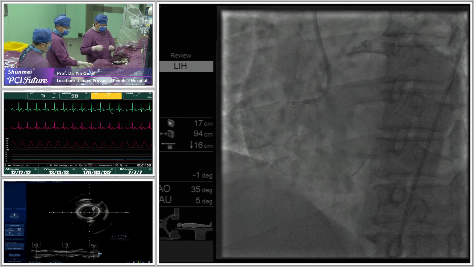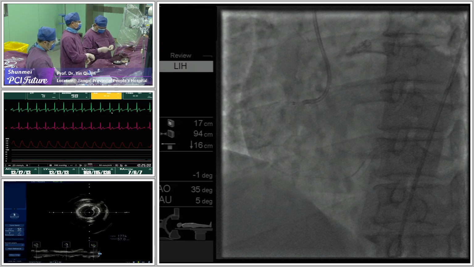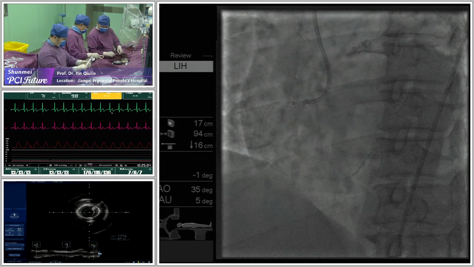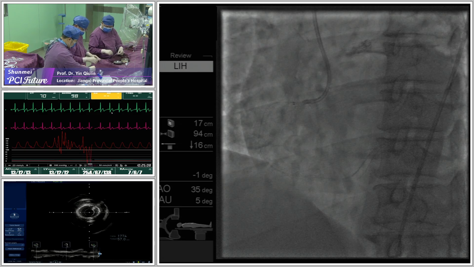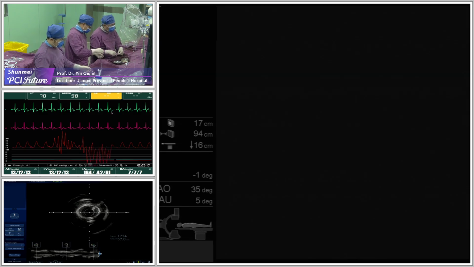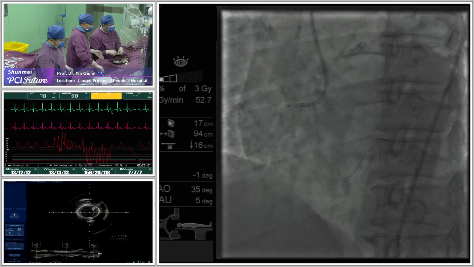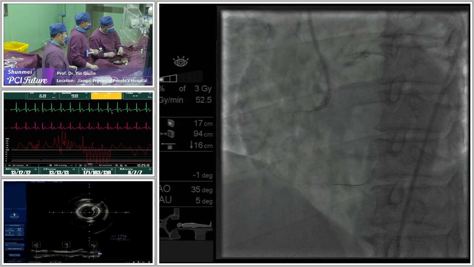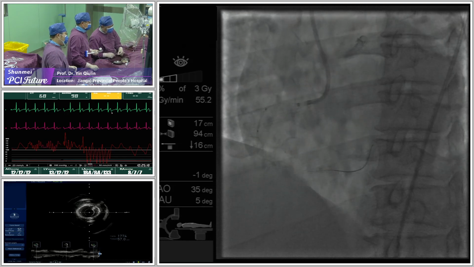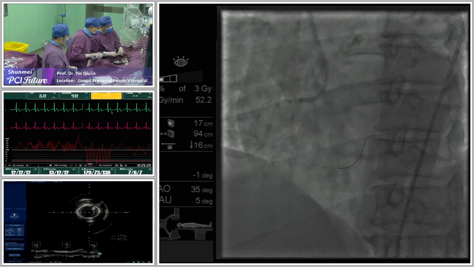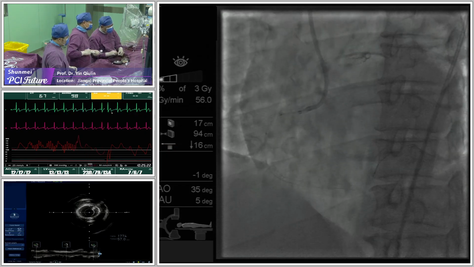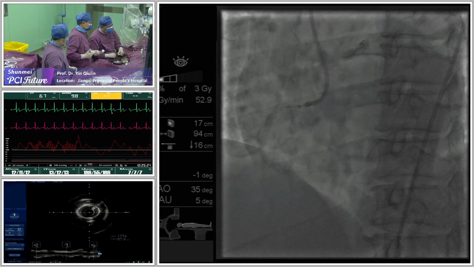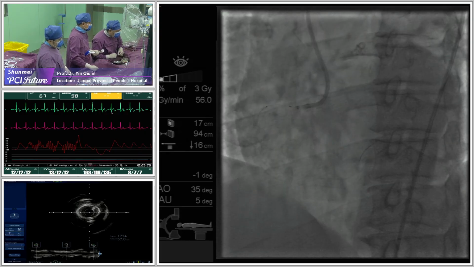So anyway, we put 2 stents. This is the final angiogram. All the branches are preserved. So I think I'm good with this result. Feel good. Okay. How about total minutes do you cost?